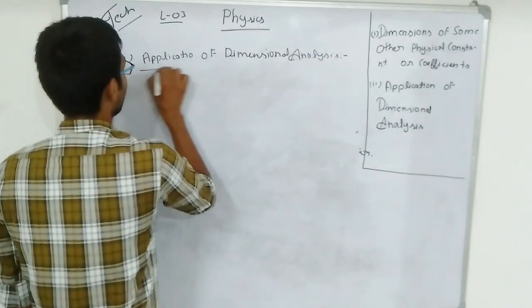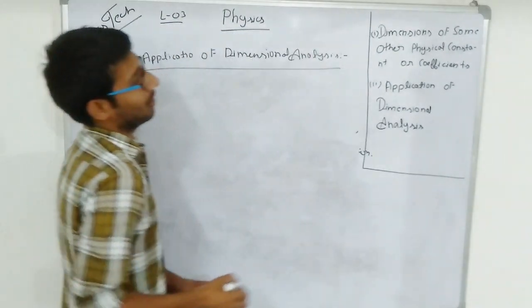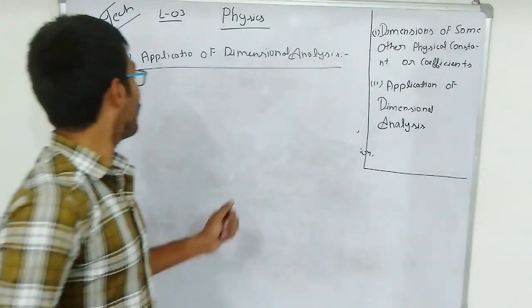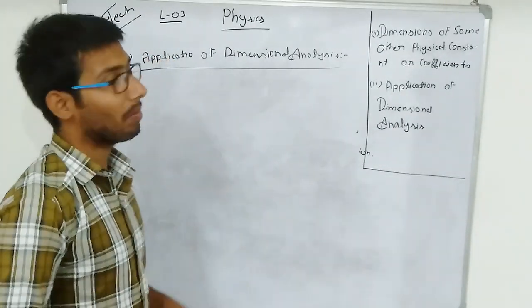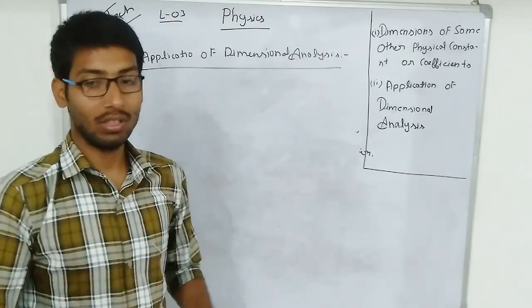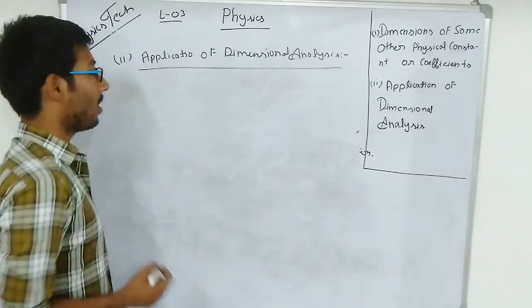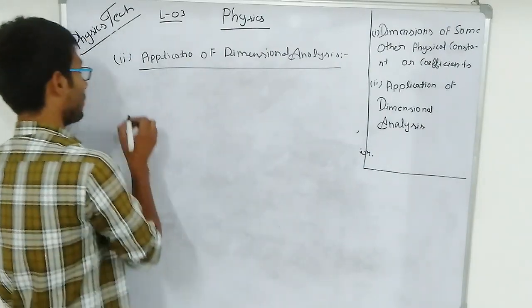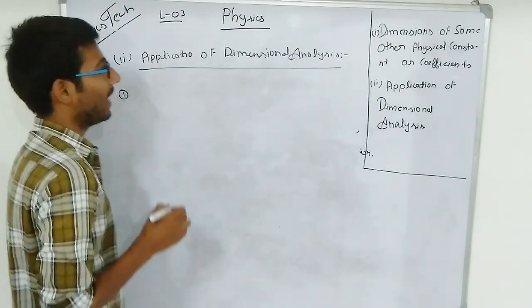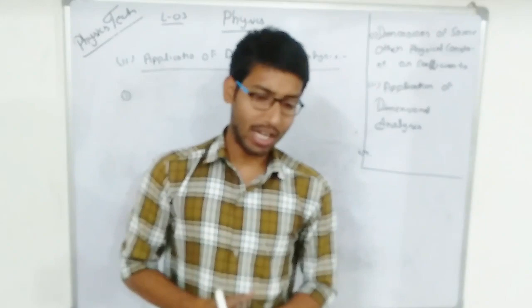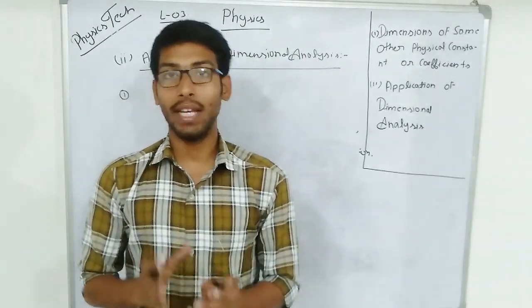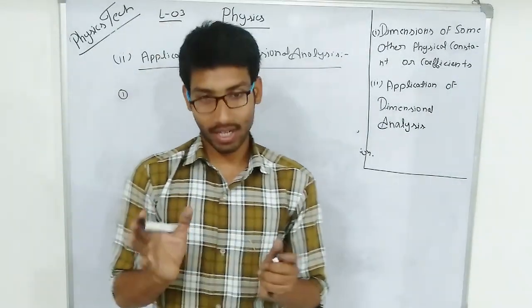We can use the dimension formula to find out different things. First, we can use dimensional analysis to find out the unit of any derived quantity or any physical quantity.